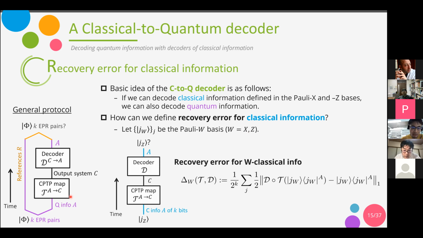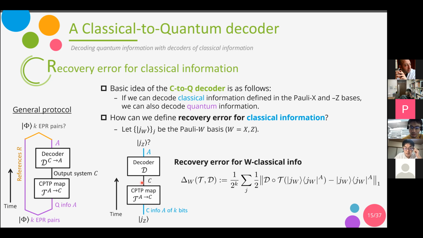Then instead of inputting the maximally entangled state or k EPR pairs, we just input one of the states in the basis. For example, when we choose the Z basis, we choose |j_Z> randomly, where j is a k-bit string. Then after this CPTP map, we try to recover this j state. It's a very simple protocol, right? And this is what we call the recovery of classical information.